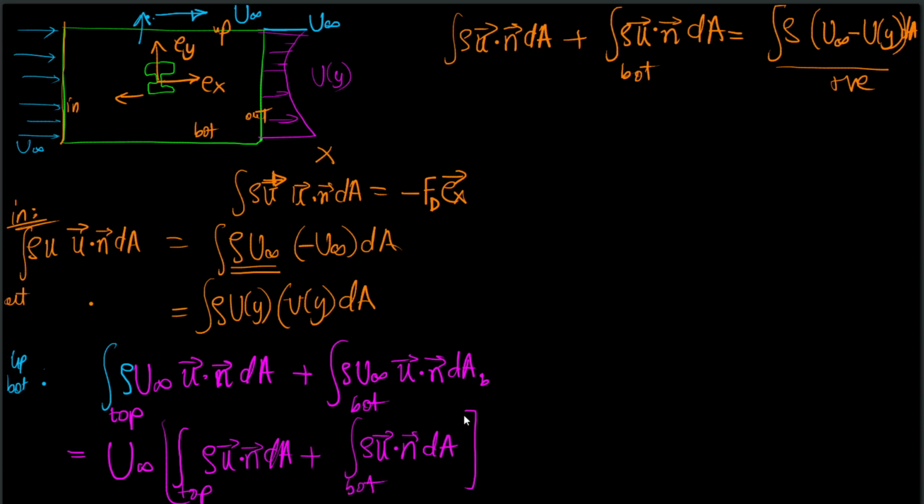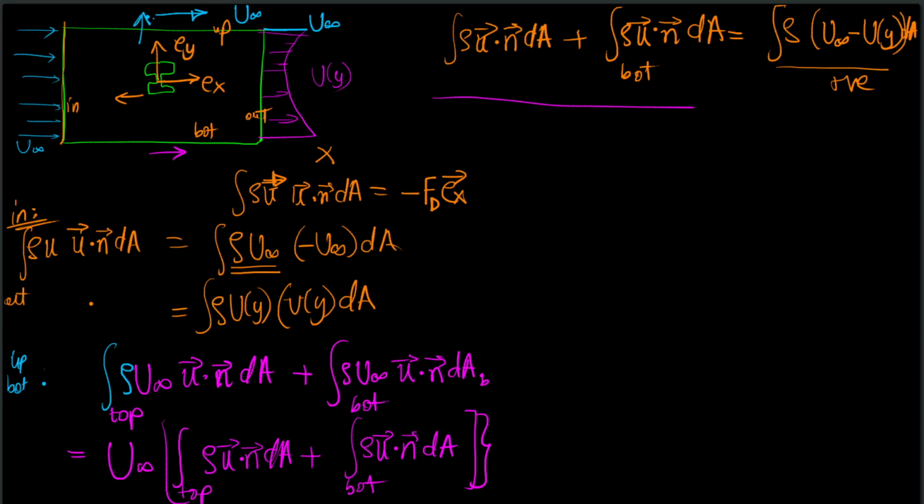So essentially it is the mass flux that is coming out from the top and bottom surface times the momentum component in the x direction, because we are writing down the momentum equation in the x direction.